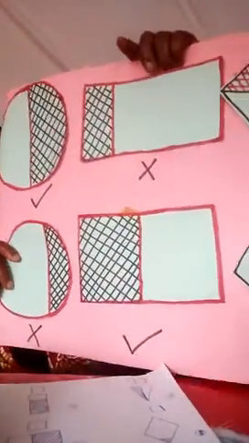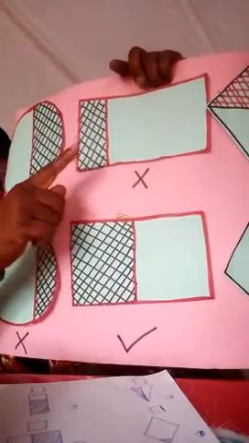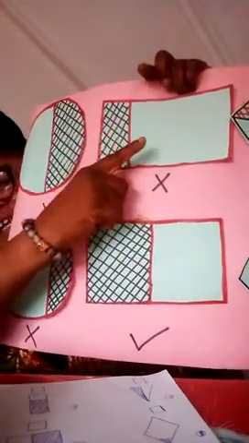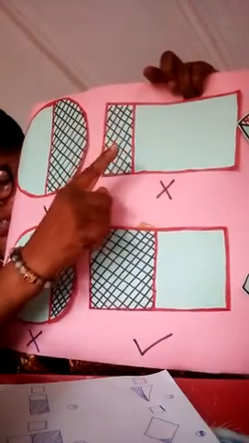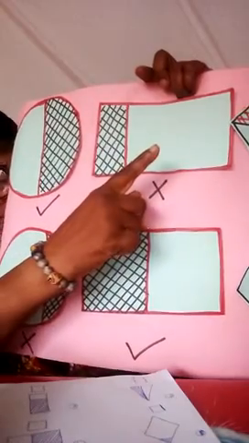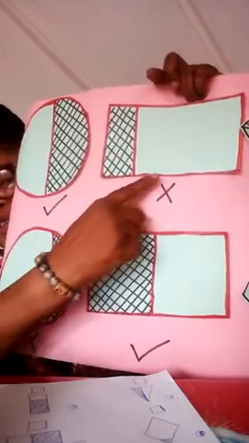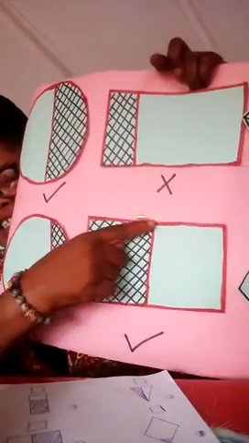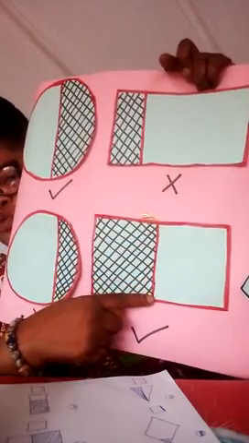Now, let's look at the second part. This shape and this shape. This has also been divided into two, but 1/2 is bigger than the other, so this is not a half. But when we look at this shape, it has been equally divided into two.